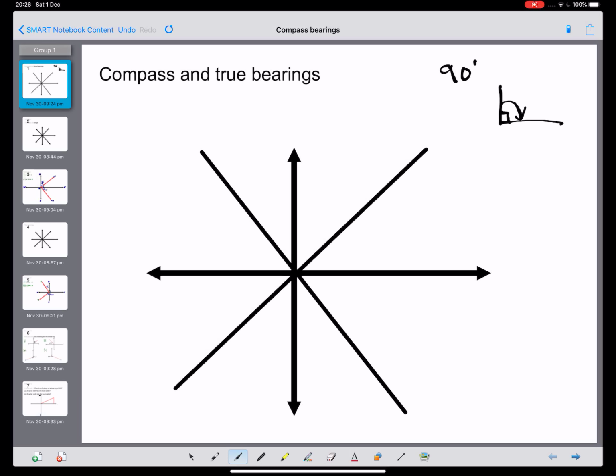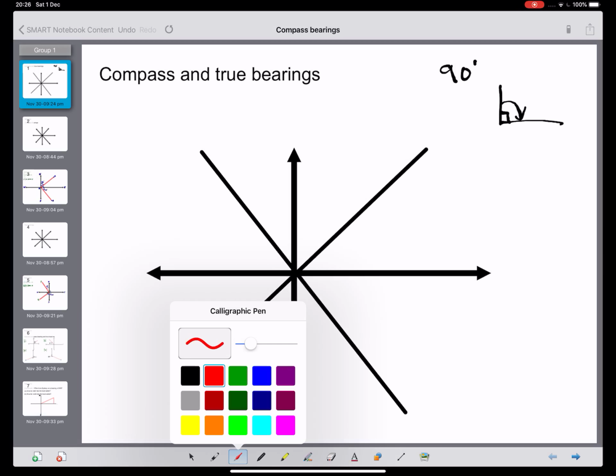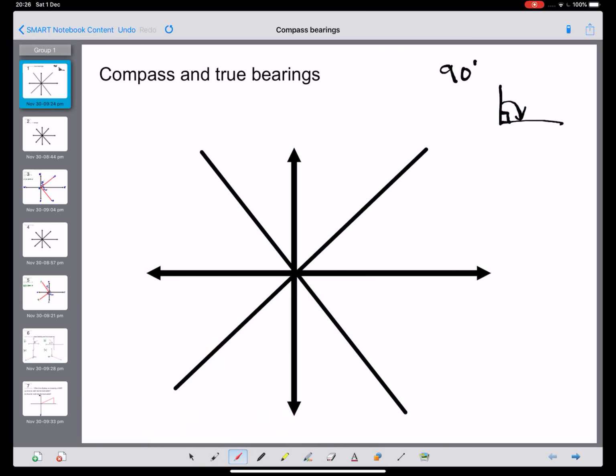Okay, so a bearing is the direction one object is from another object or a fixed point. So I'm going to define my fixed point with a red dot, and I'm going to say my fixed point is in the middle there. Okay, so we use 4 directions of the compass, and I use this acronym: never eat shredded wheat.